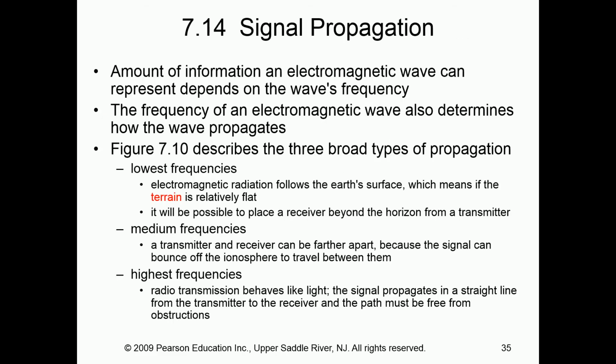Signal propagation. When we start talking about propagation, we have to think about how the signal is going to reach the endpoint. When you start broadcasting, as the signal goes further and further away from the tower, the waveform gets weaker and weaker.